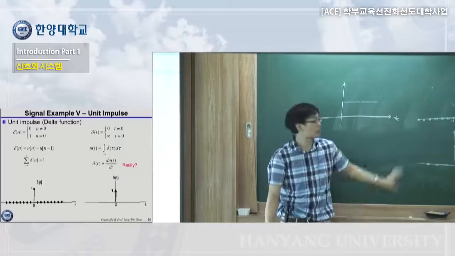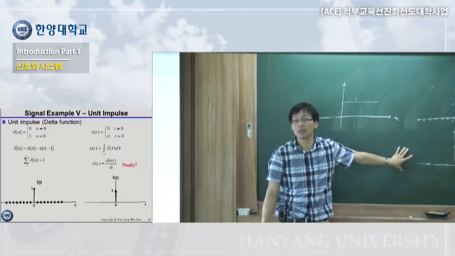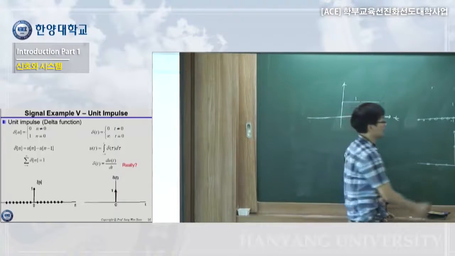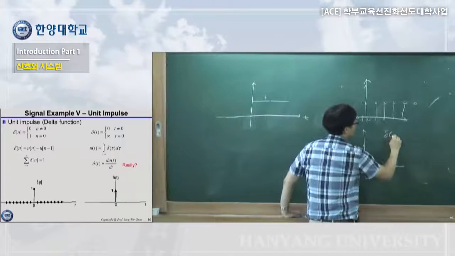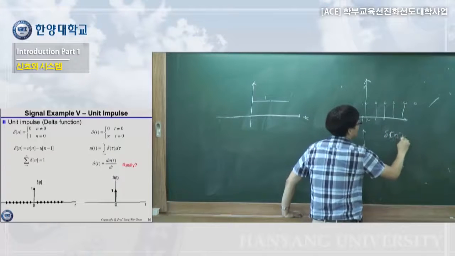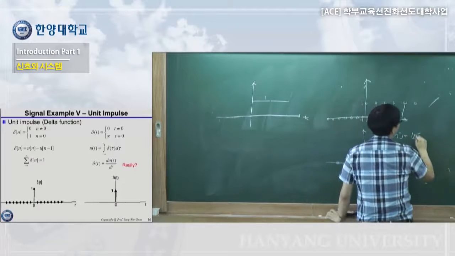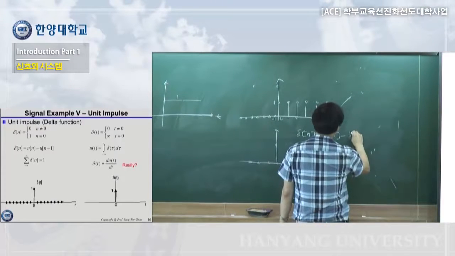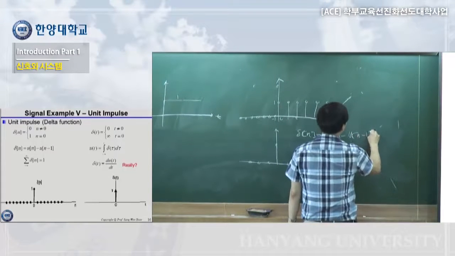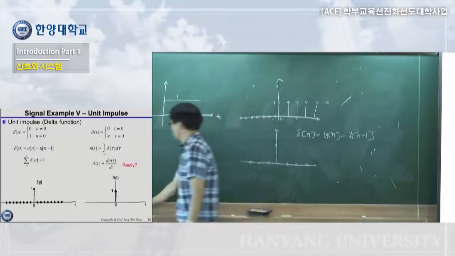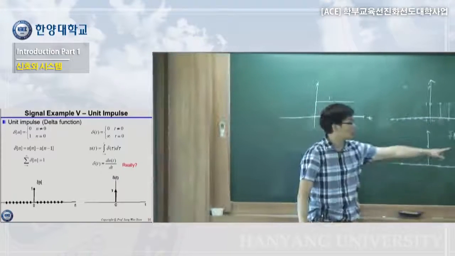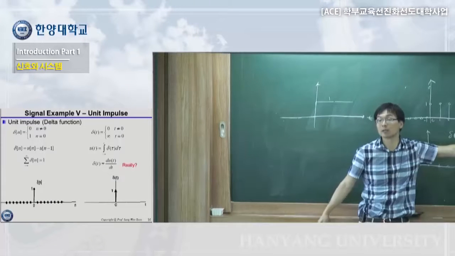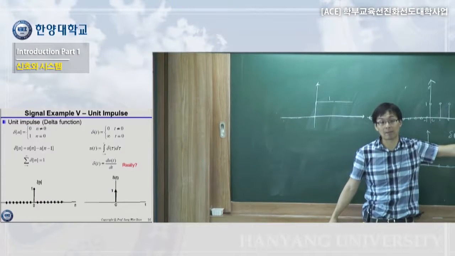Also, in discrete time, this delta function can be represented as delta[n] = u[n] minus u[n minus 1]. Why? Because u[n minus 1] is what? We shift by time.